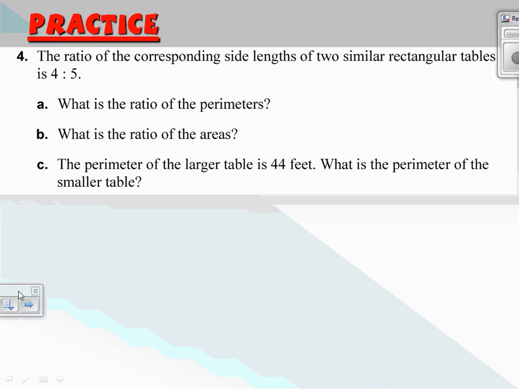So the answer for this is simply 4 to 5. So part B, what's the ratio of the areas? Well, it's just the square of the ratio of the sides. So what you guys have to do is just square both 4 and 5. What's 4 squared? 16. What's 5 squared? 25.